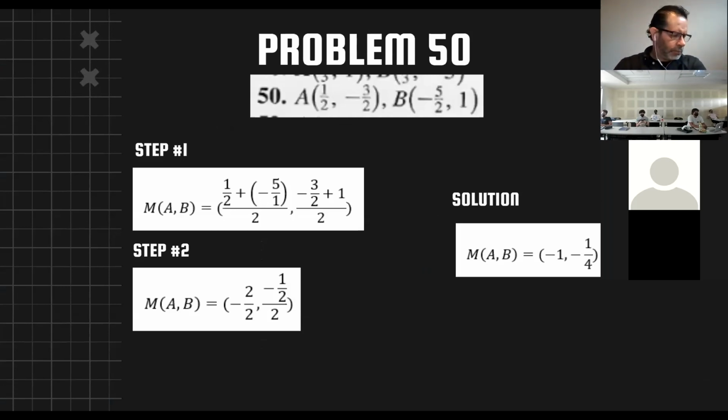The divided by 1 is so that we can make the subtraction easier. And then this is going to be divided by 2, and then -3 divided by 2 plus 1 divided by 2. Once we solve both of the sums and subtractions, we get -2 divided by 2, comma, -1/2 divided by 2. We solve these divisions, and then we have the final result, which is going to be -1, comma, -1/4.